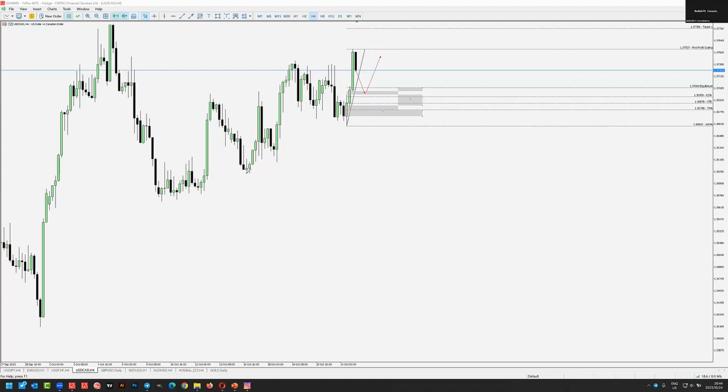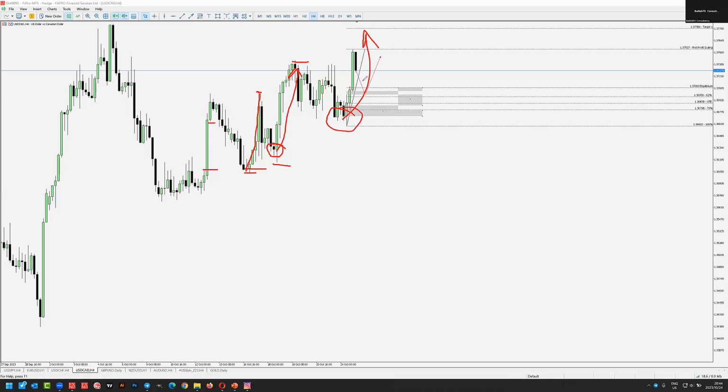Even if you look at this expansion here, because price had found support here inside this gap. If you put your fibs from this low to this high, this is discount on lower time frame. Same applies here. This is the one I was illustrating on the weekly focus. This expansion from this low to this high, that's the retracement into fair value for a push to the upside.